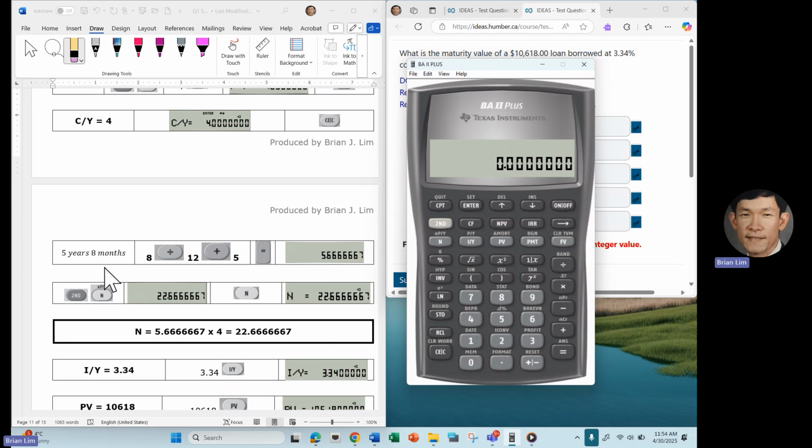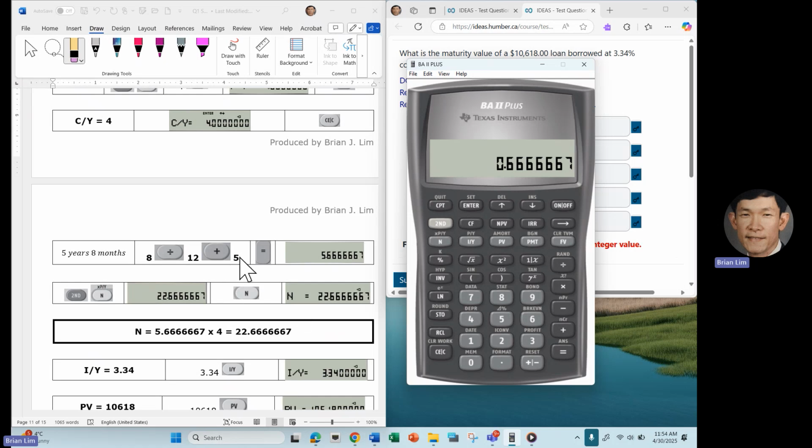Now, 5 years and 8 months has to be converted into years. We do so by starting with the months. 8 months, if we divide that by 12, because there are 12 months in a year, we can click equal, and that will give us how much of a year it is. In this case, it's 0.6666667, rounded at the 7th decimal place.